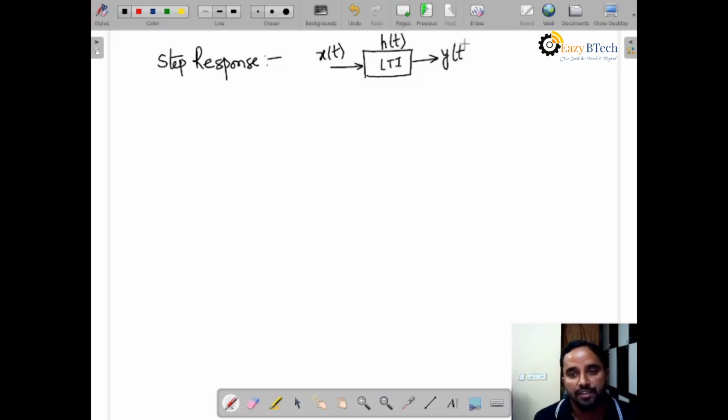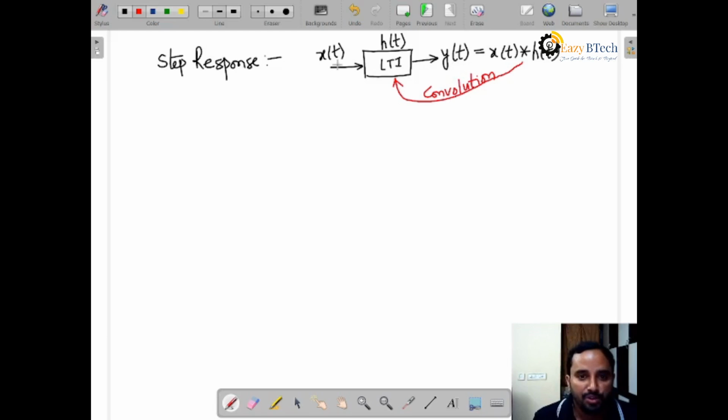Output is y of t. So to get the output, how to get it? x of t convolution h of t. So convolution is very important to find the output of a linear system. So this is the convolution, right? Convolution is useful to find the output of the LTI or linear system.